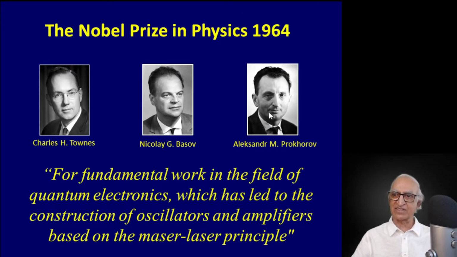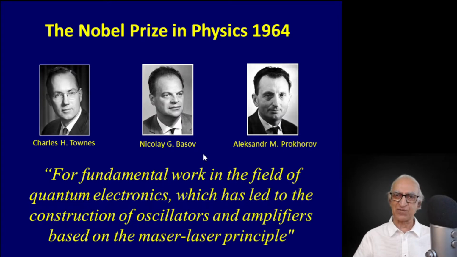And in 1964, Basov, Prokhorov, and Townes were awarded the Nobel Prize for this monumental discovery, for fundamental work in the field of quantum electronics, which has led to the construction of oscillators and amplifiers based on the Maser-Laser principle.